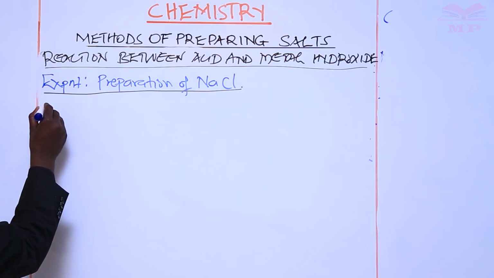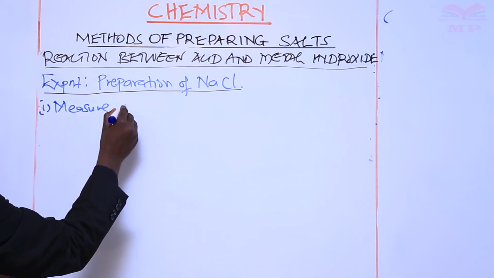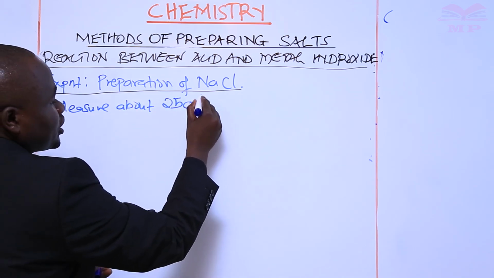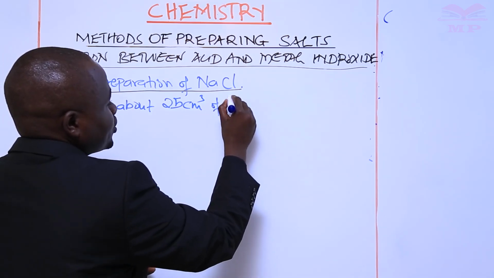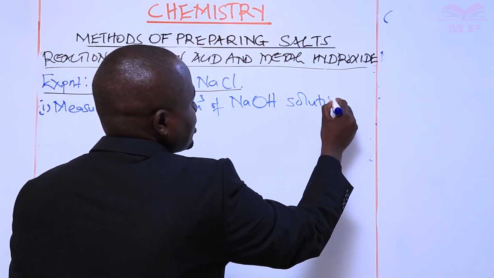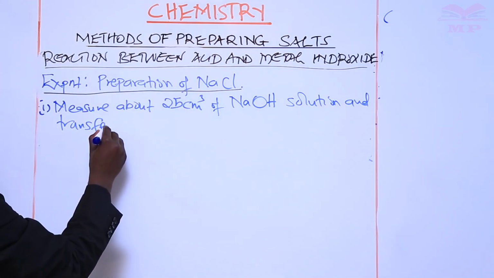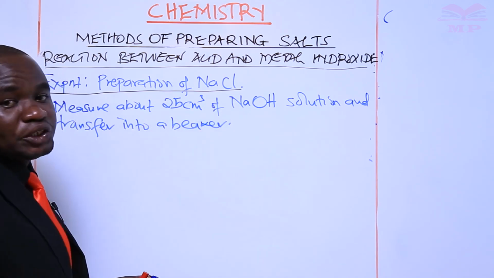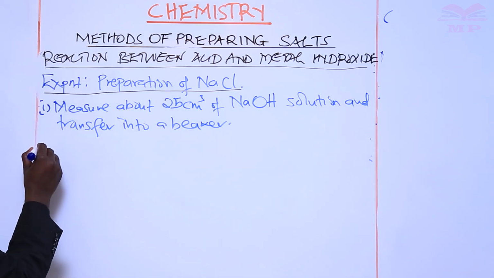Procedure number 1 is measure about 25 centimeters cubed of sodium hydroxide solution and transfer into a beaker. You just measure using a measuring cylinder, 25 cubic centimeters.